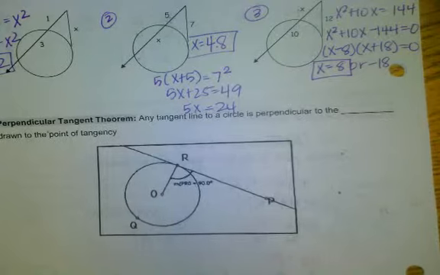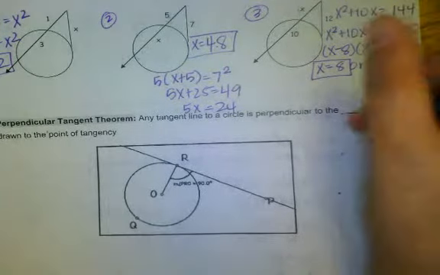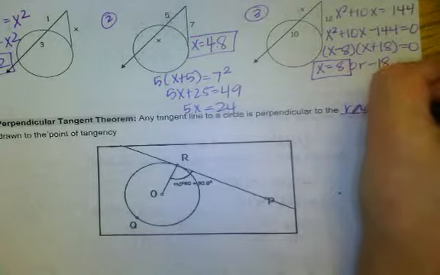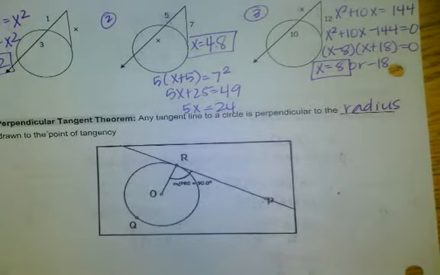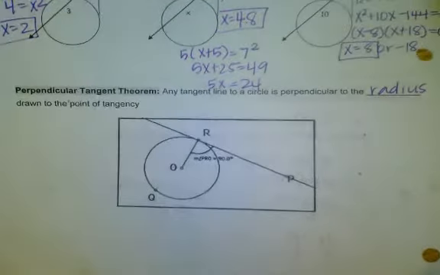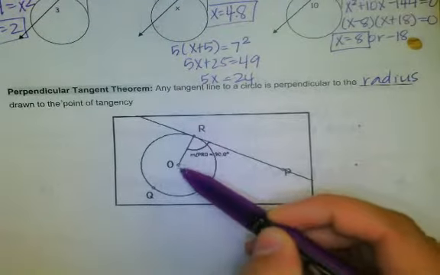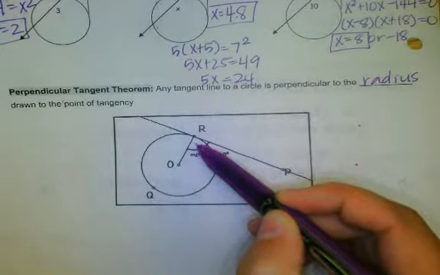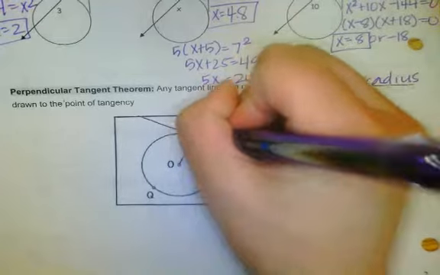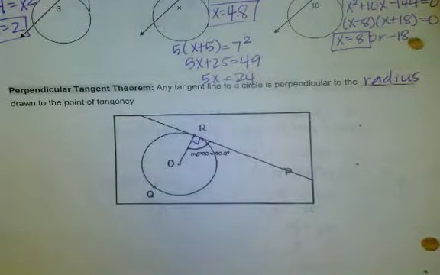Any tangent line to a circle is perpendicular to the radius drawn to the point of tangency. So from the radius to the point of tangency is always, always, always going to give you a right angle.